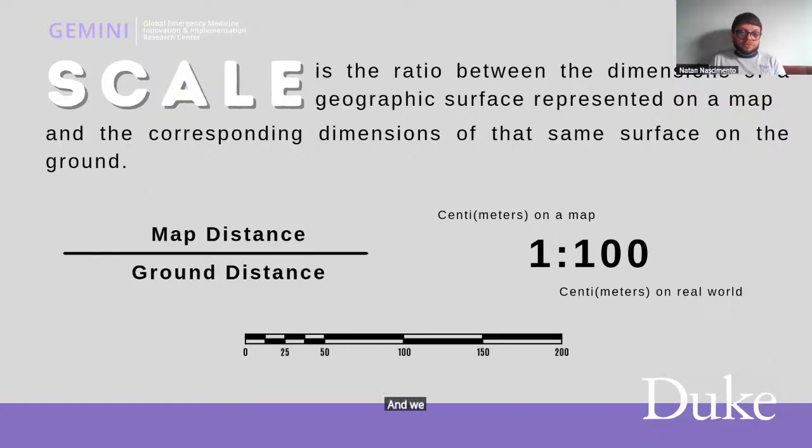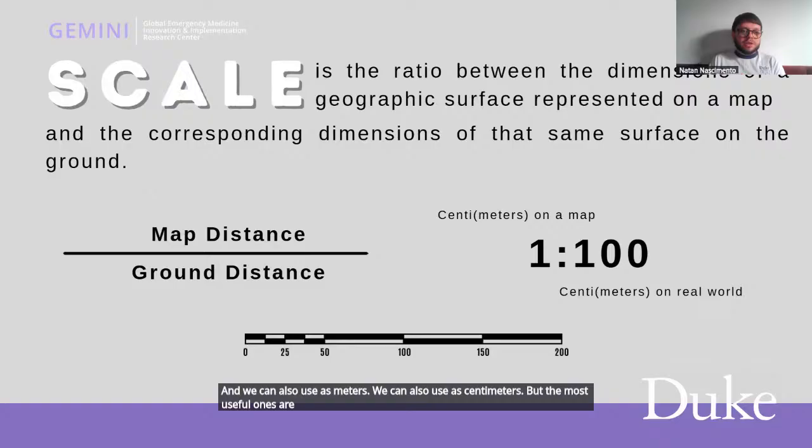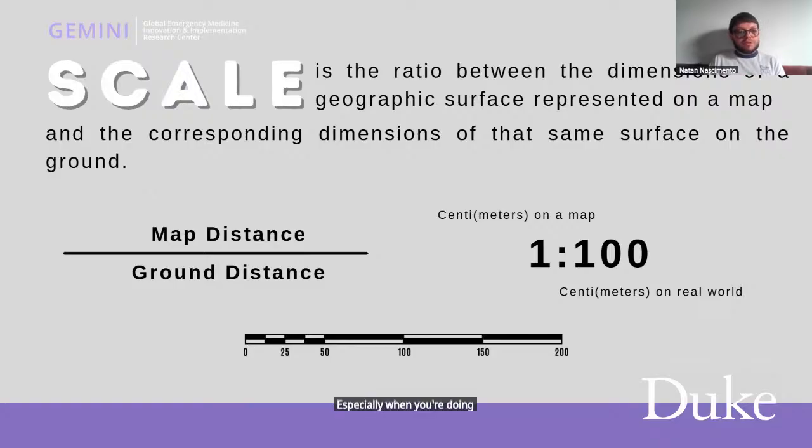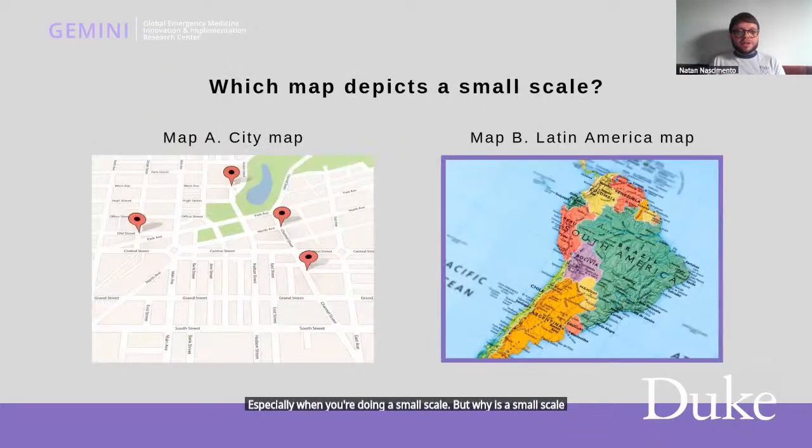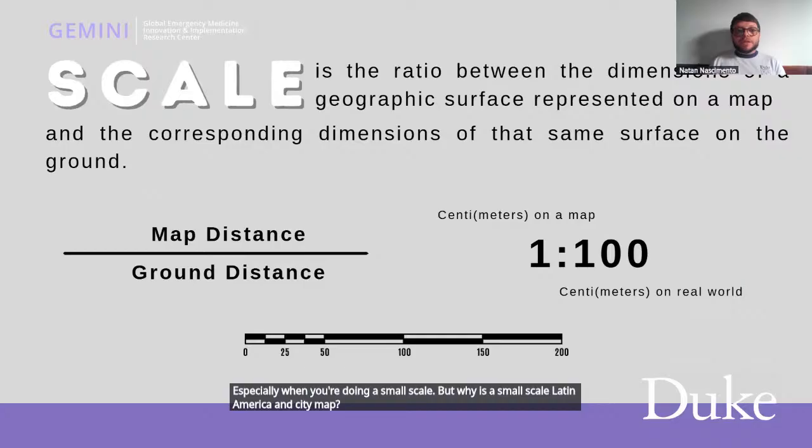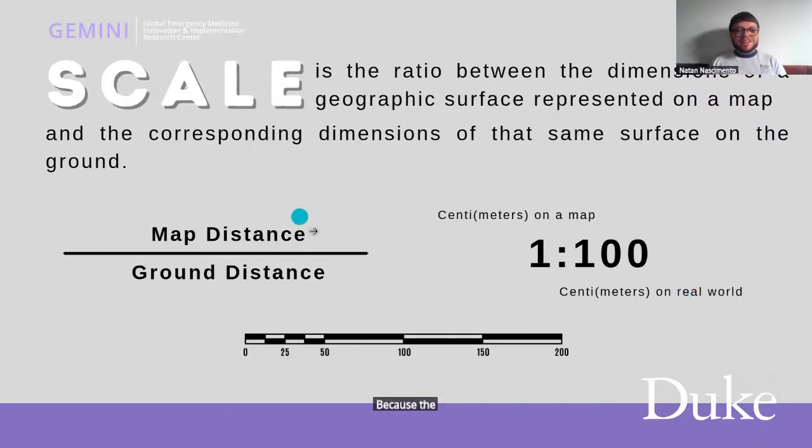We can also use meters or centimeters, but the most useful ones are, of course, miles and kilometers, especially when you're doing a small scale. But why is a small scale Latin America and not a city map? Because the small number is when you divide 1 centimeter to 100 kilometers and not 100 meters.